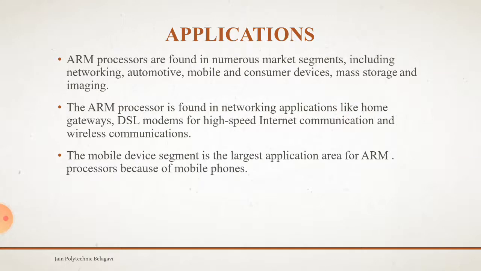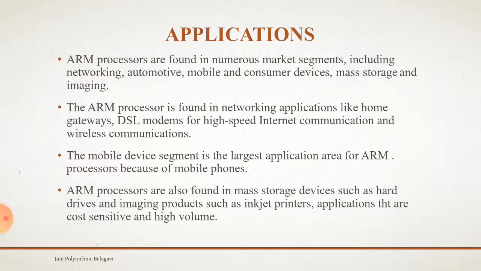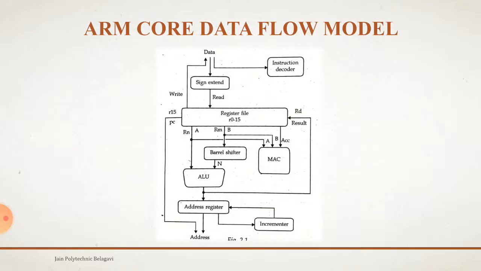The mobile device segment is the largest application area for ARM processor because of mobile phones. ARM processors are also found in mass storage devices such as hard drives and imaging products such as inkjet printers, applications that are cost sensitive and high volume.